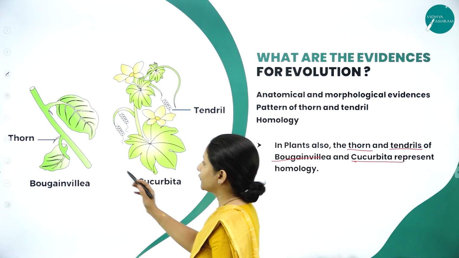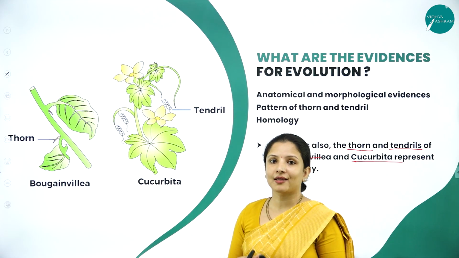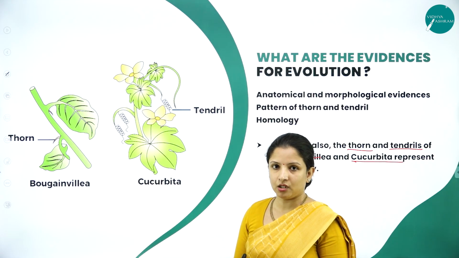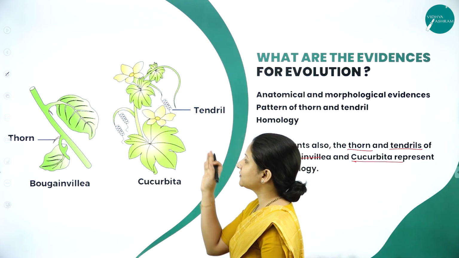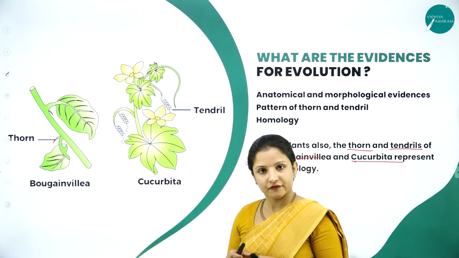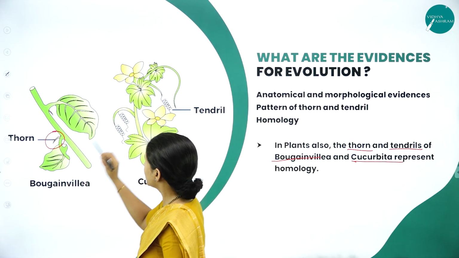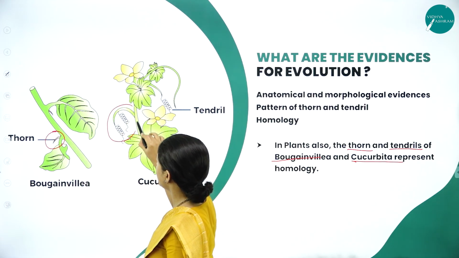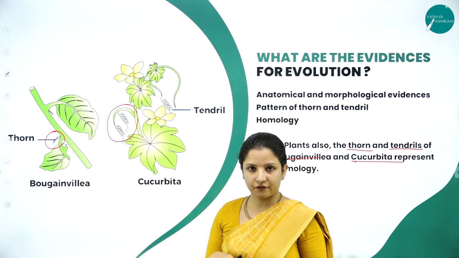Here, if we take a section of the thorn and the tendril to look at the cells, they are quite similar. And the place of origin is also similar. That is, they arise from the axis of the petiole of the leaf, right? But look at the structure of the thorn, and look at the morphology of the tendril. It is different, and the function is also different.